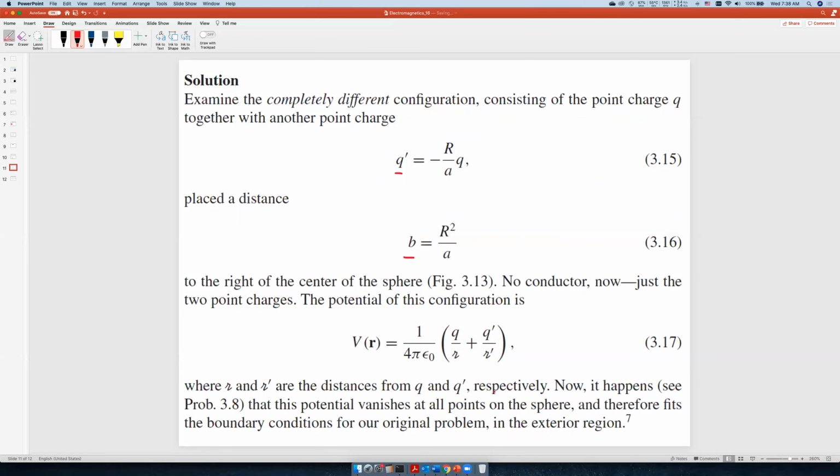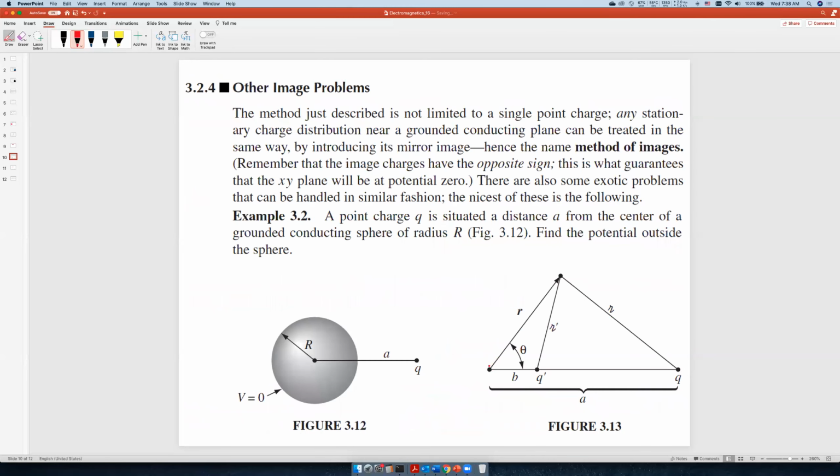Okay, so if you have those charges, Q prime and Q here, then it's very easy to calculate the potential at any position. Let's say if you want to calculate the potential here, then you can calculate the distance between here and Q, and also the distance between here and Q prime. Let's say it's R and R prime.